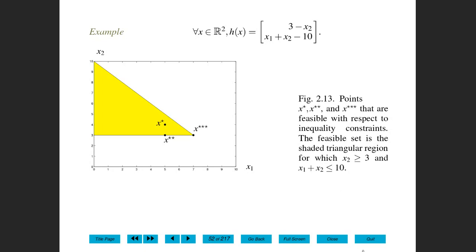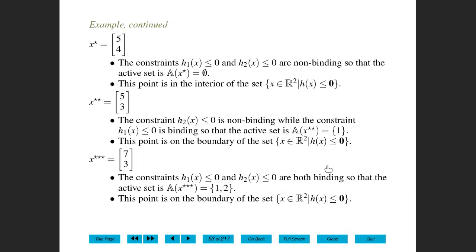This is quite interesting because it helps us determine whether a point is on the boundary or not, and even if it's on the boundary, what kind of position it has. For the first one, the active set is null.